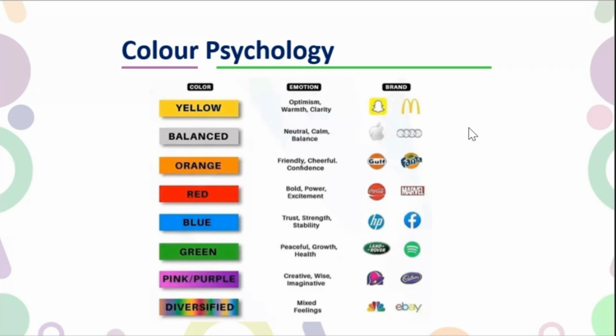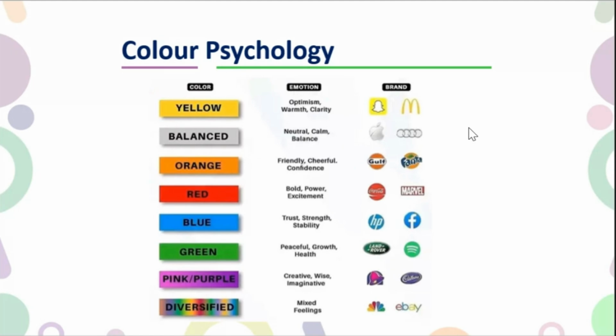When we take blue, we have HP, Facebook, and the old Twitter, and other tech companies that use blue because blue is associated with security, trust, stability, strength. And we have green. When you look at Spotify and Land Rover, they use green in their brand.